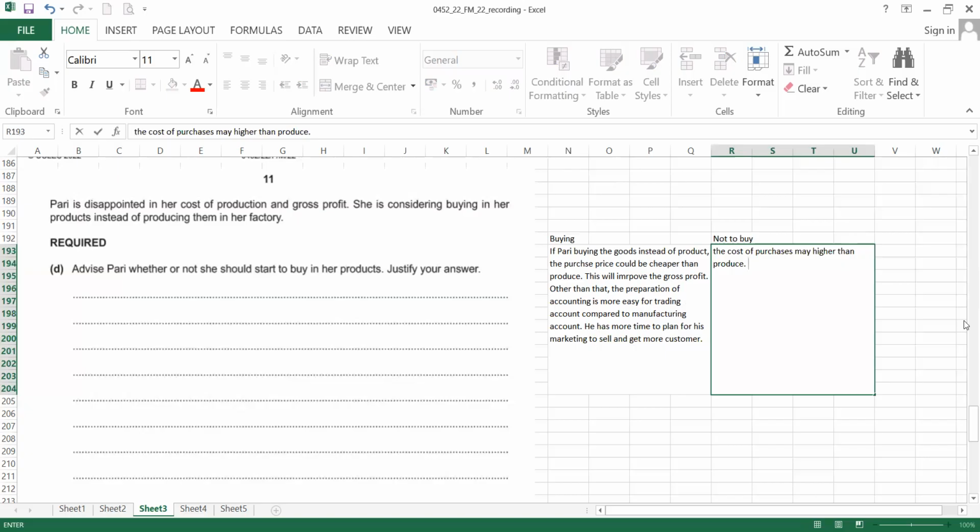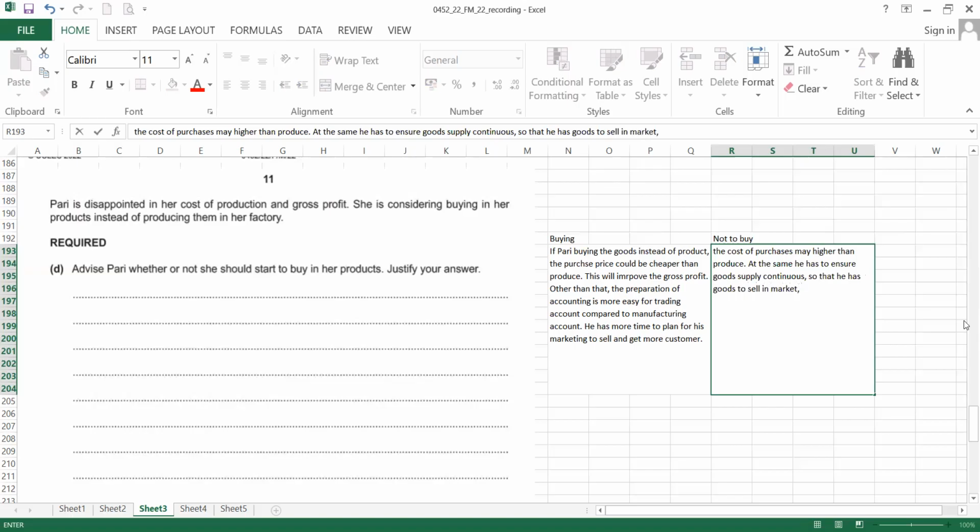At the same time, he has to ensure good supply continuous so that he has goods to sell in market.